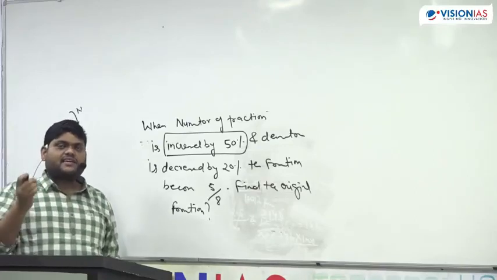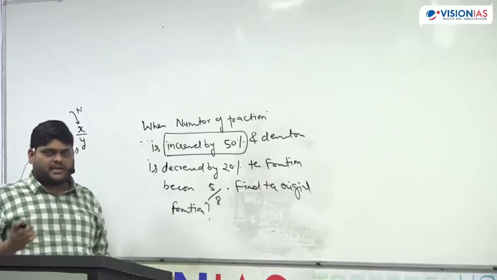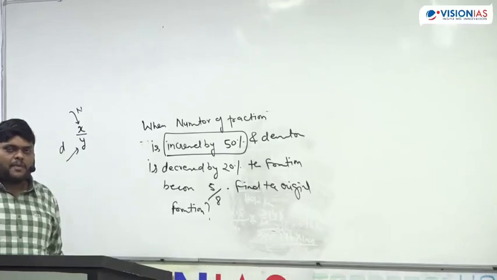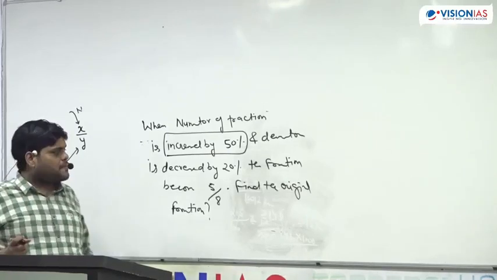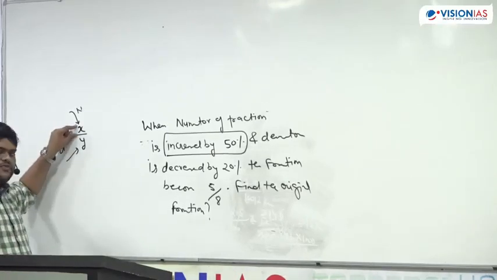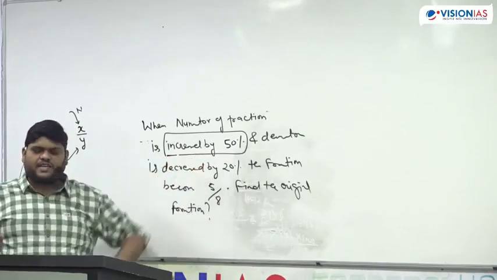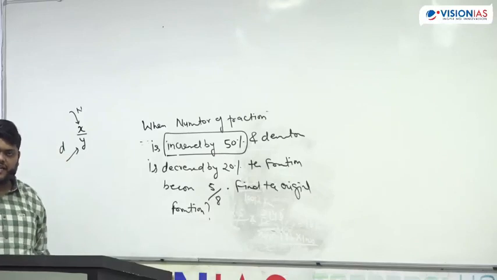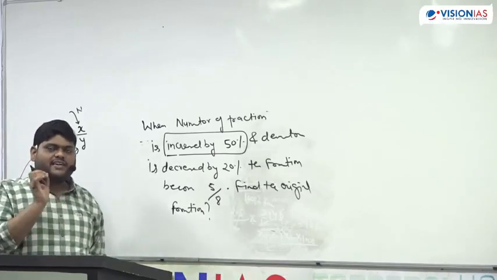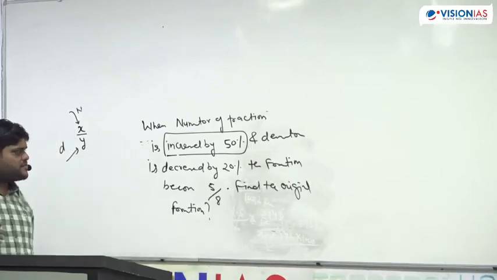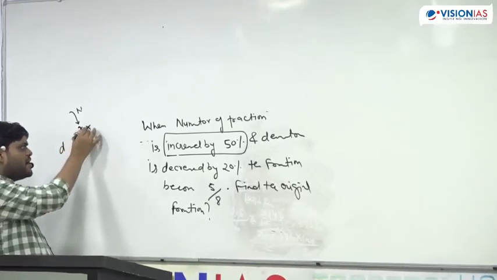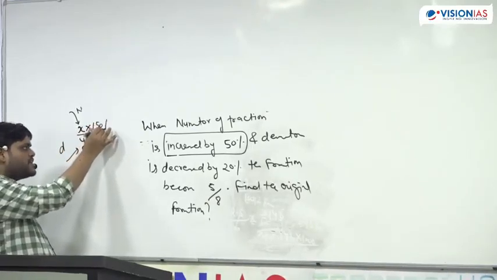When it is increased by 50%, the number becomes 150%. The numerator in itself is 100%. What is the meaning of increase by 50%? Increase means addition. How much addition? 50%. The number was already 100%. If you increase by 50%, the number becomes 150%.